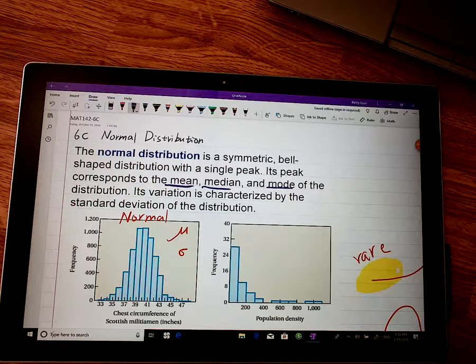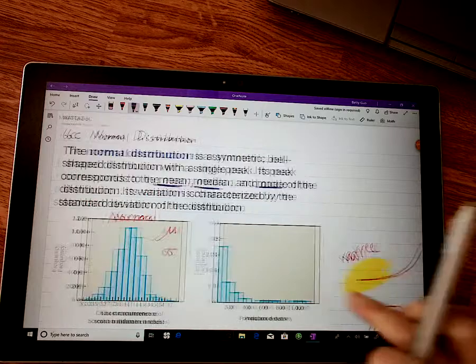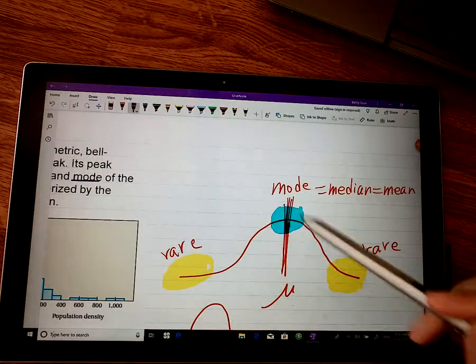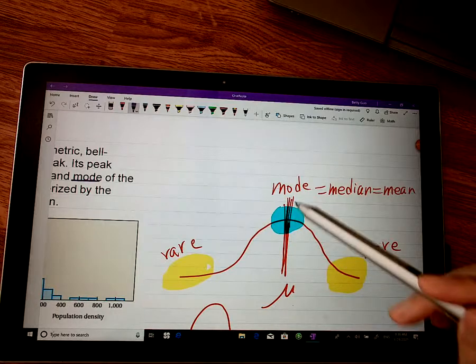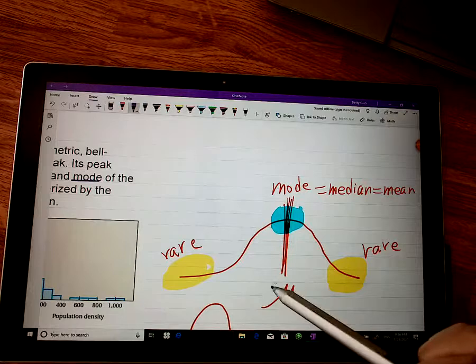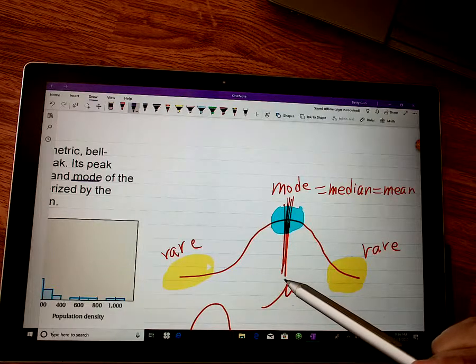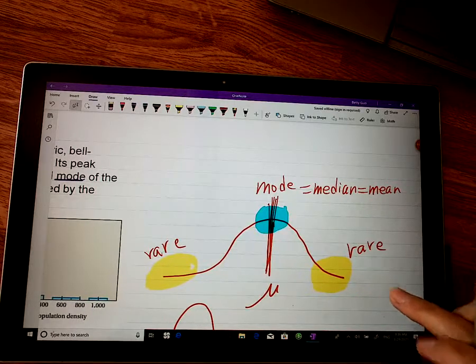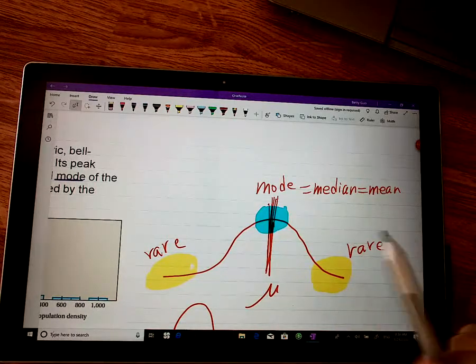The normal distribution is a single-peak distribution. It's bell-shaped. It's like this. This is the peak. The corresponding x value here is the center. Mode, median, and mean are all equal to each other.